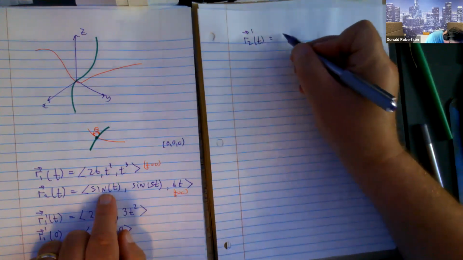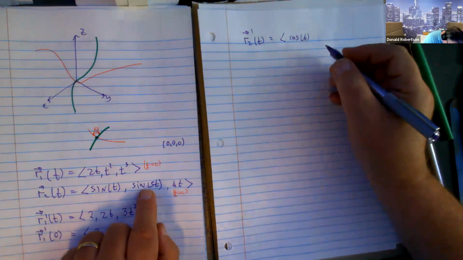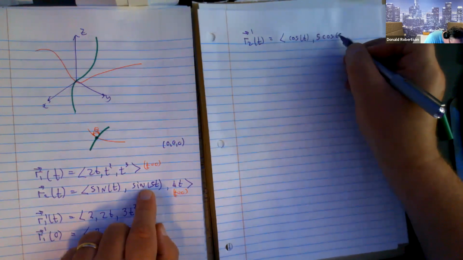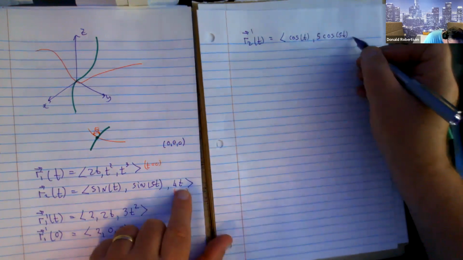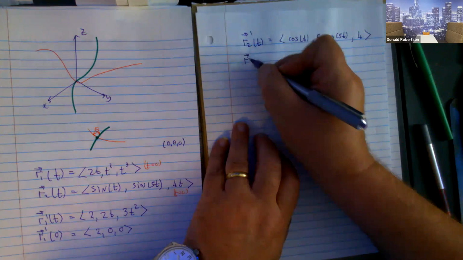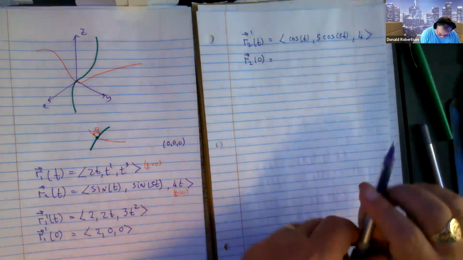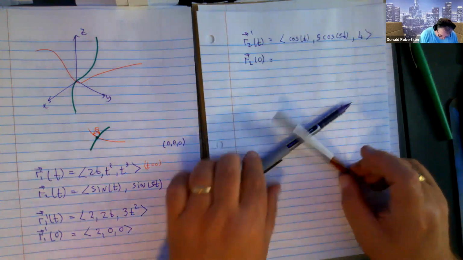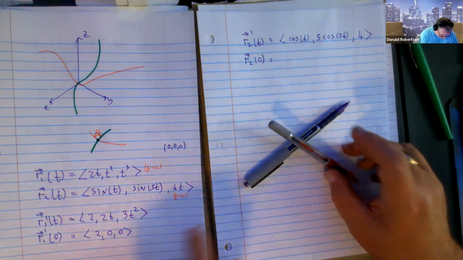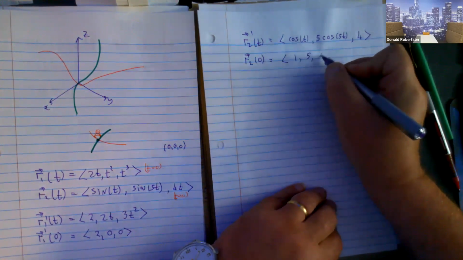And if you differentiate a sine, you get a cosine. If you differentiate this guy, you get 5 times cosine of 5t because it's a chain rule. And if you differentiate this guy, you get 4. And you also find out what the derivative looks like at 0. So you're basically finding what the direction vector for each was. So the first one is 2, 0, 0. This one here is going to be 1, 5, 4.